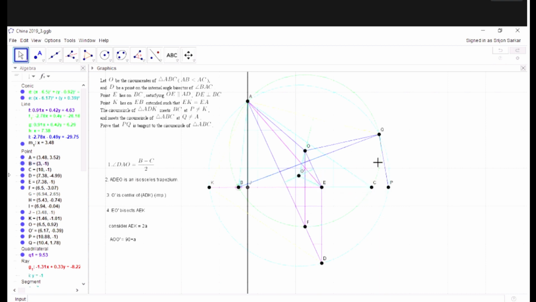Some angle chasing and then basic ideas. Anyway, so AOQ, you got to be 180 minus 2 alpha. So ABQ happens to be 90 minus alpha. Clear? Yes.